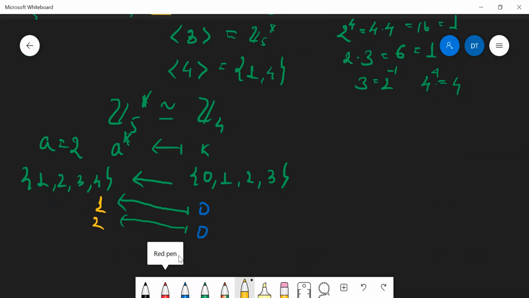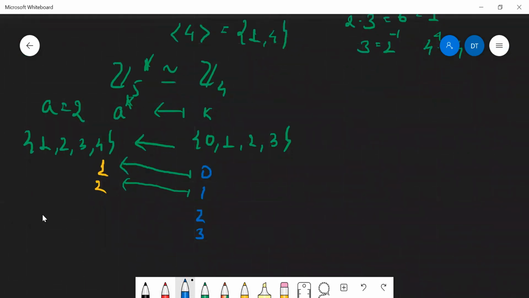Oops, I wrote the wrong symbol. So then we have 2 and 3. The element 2 goes to 4, because the second power of 2 is 4, and the element 3 goes to 3. So you see that you have a bijection between all of those elements and these elements.